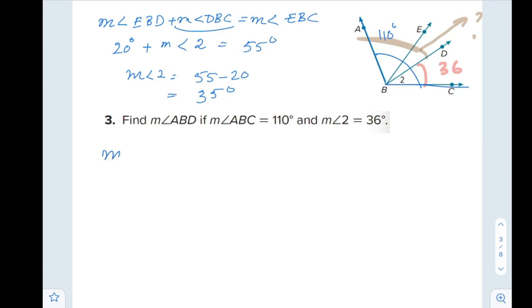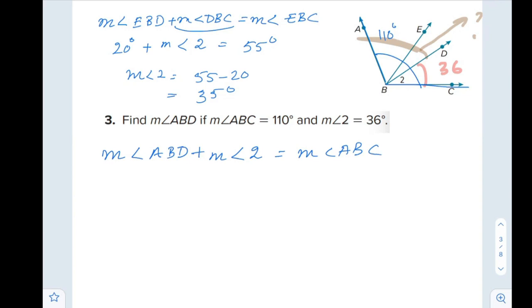The measure of angle ABD plus the measure of angle DBC, which is angle 2, equals the total, the measure of angle ABC. This is the angle addition postulate.